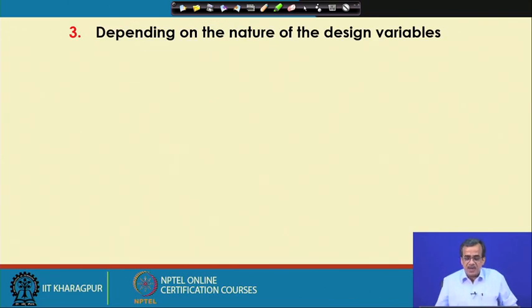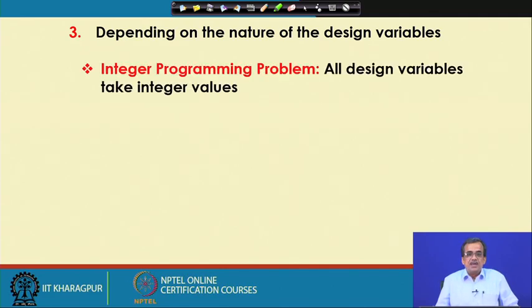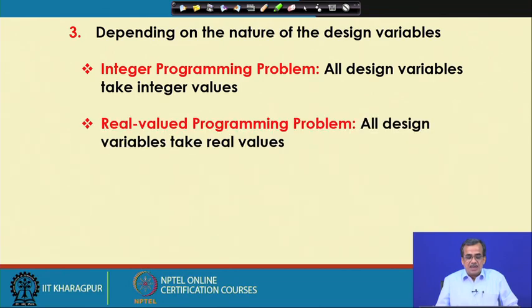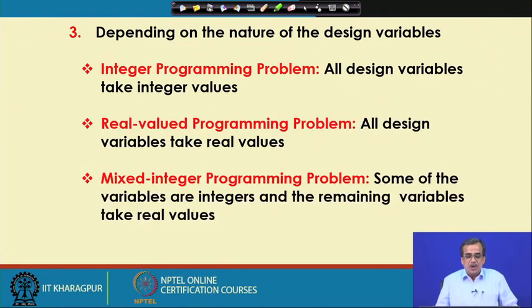Now, the third classification is based on the nature of the design variables. Based on the nature of the design variables, optimization problems can be classified into three groups. The first one is the integer programming problem, where all the design variables or the decision variables are integer. That means whole numbers like 10, 11, 12.